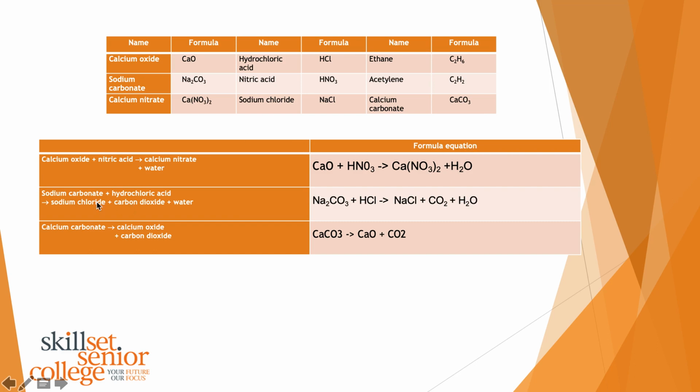The next one I want you to write out, sodium carbonate plus hydrochloric acid for the reactants. So on the left-hand side of the equation, you're going to write sodium carbonate, which you'll find up here, Na2CO3, plus hydrochloric acid, HCl plus HCl, equals, when the chemical reaction will result in these products.